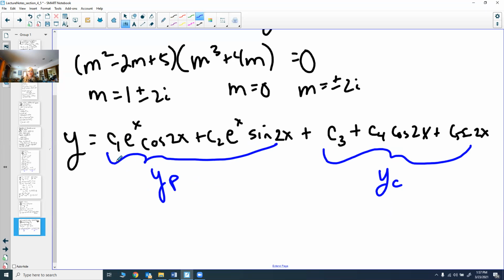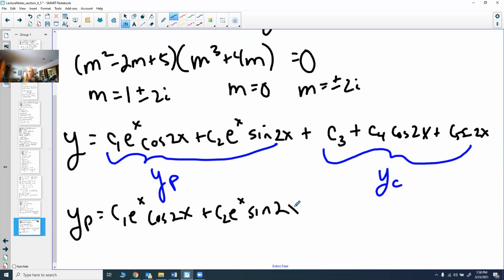So this is what we mean by discover it: you know what your y sub c is, because the first thing you did was find that. Once you know what that is, you know everything left over is your y sub p. So you're discovering that. And again, that then has to satisfy the differential equation.